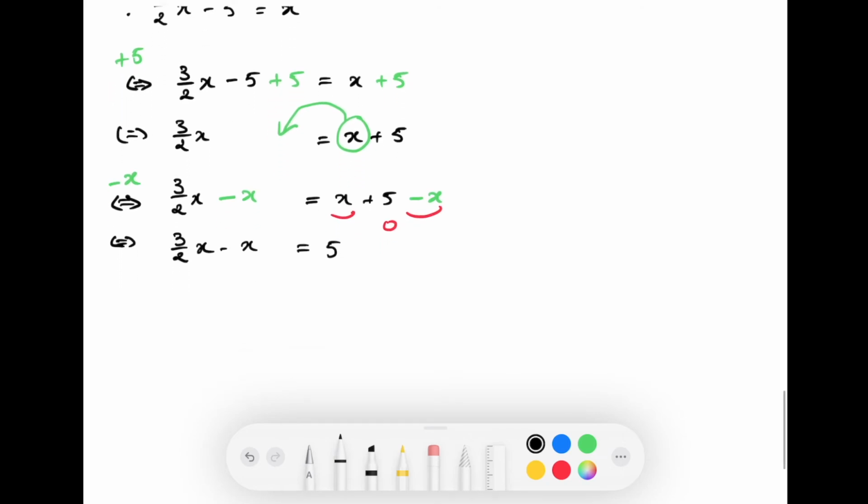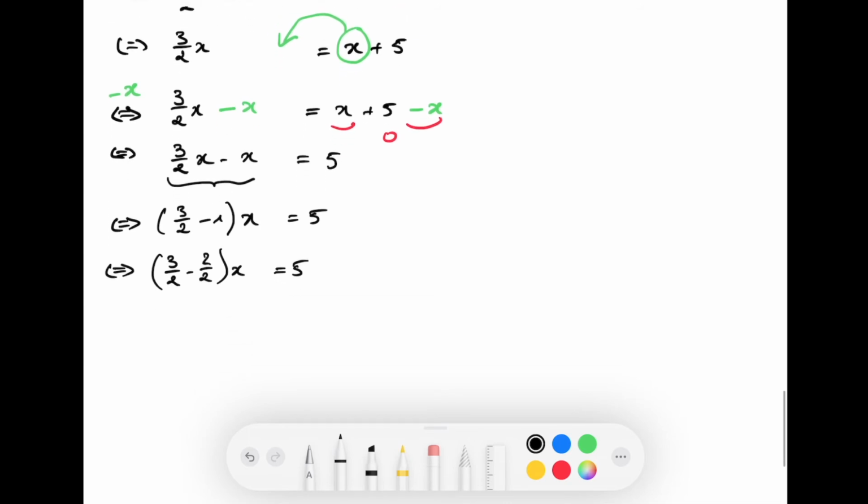So we're almost there. We just have to write this as 1x. Let me just write it out fully. It is 3 halves minus 1 times x is equal to 5, because x is in both of these expressions, which is equal to 3 halves minus 2 halves times x is equal to 5.